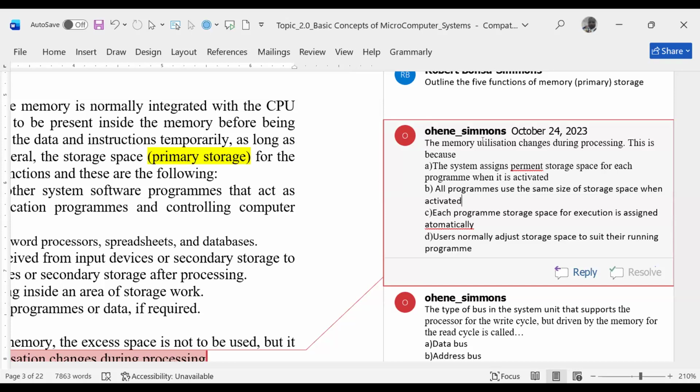Okay, now tell us your understanding. So they are saying that the use of the memory changes during processing. Okay, that is good. And they are asking why. The question is asking why.